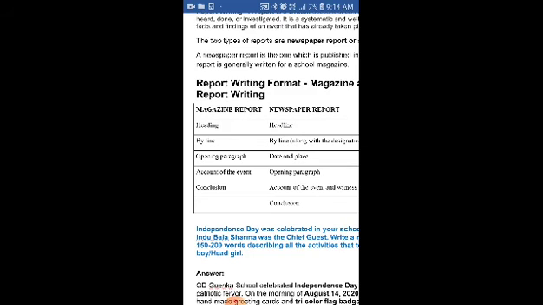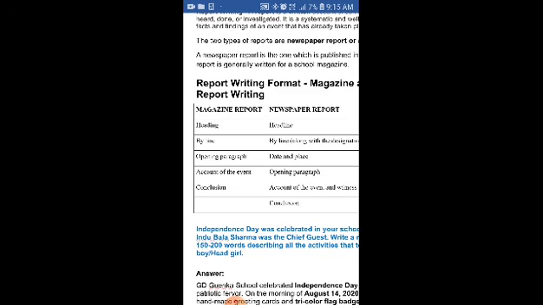When we have the report in the magazine, then we start with the opening paragraph. There we do not need to mention the date. Whereas if we are writing the newspaper report, then we need to mention the date and place. And then we have to write the opening paragraph, followed by the account of the events and things. Now if it is a newspaper report, it may be about a crime or any incident that has happened.